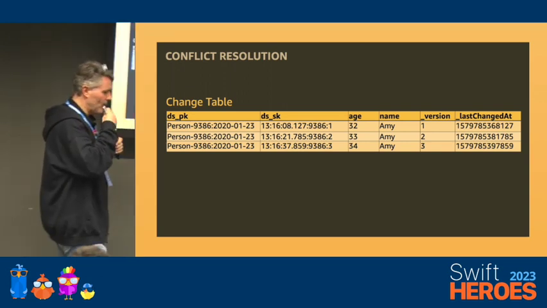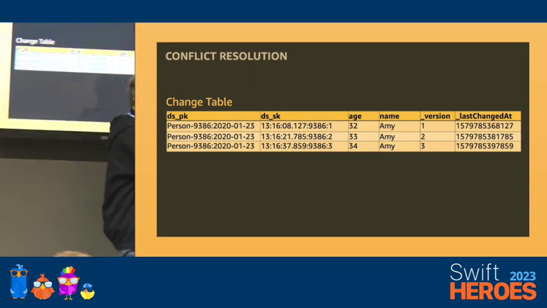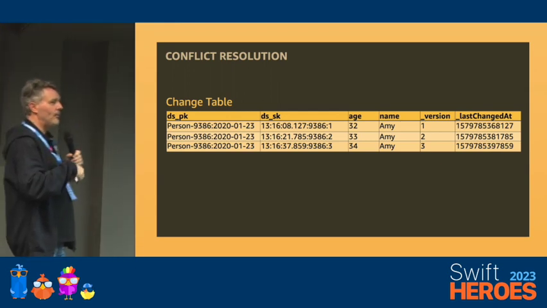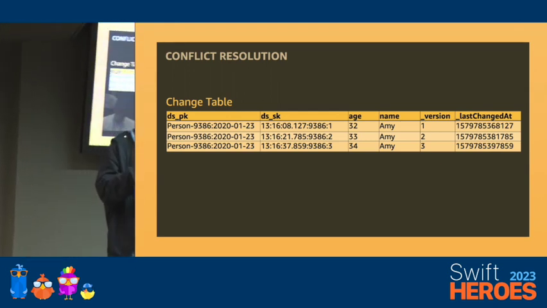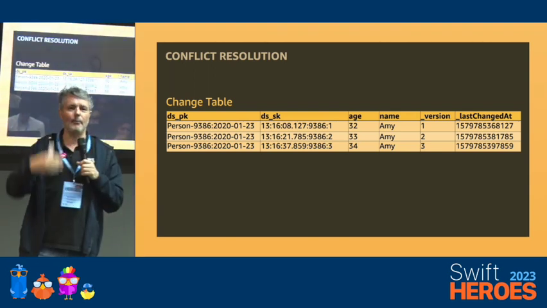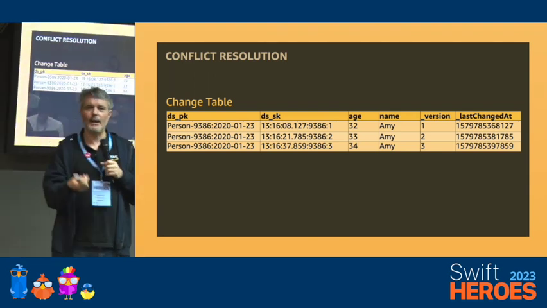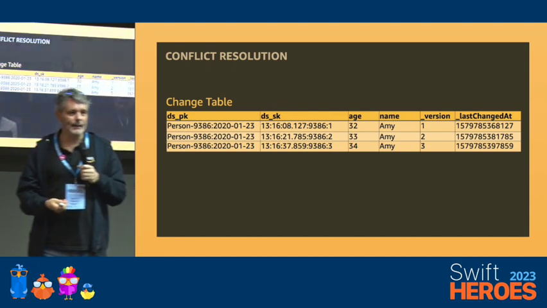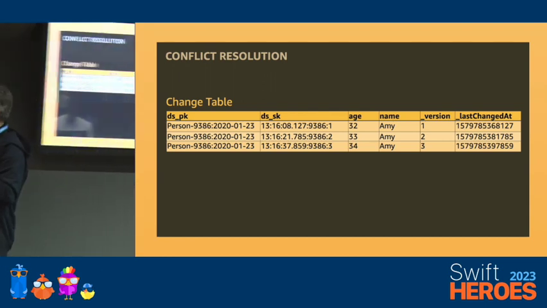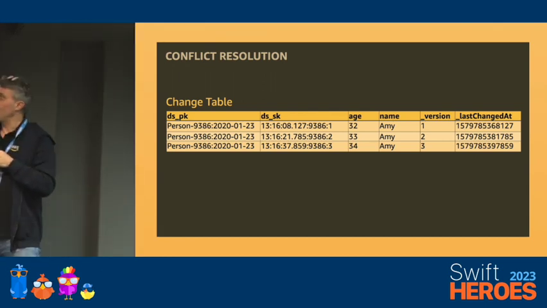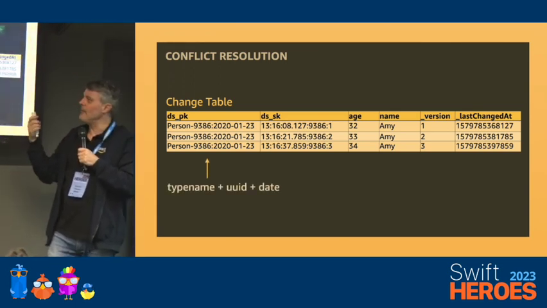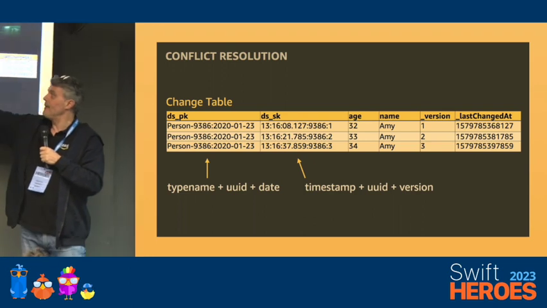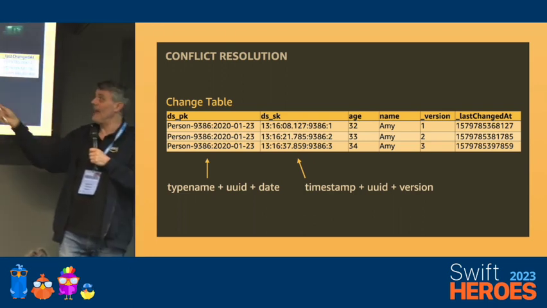That's the main table, but for each main table where we store your entities, we also transparently manage a change table. A change table is like a log of everything that happens on your entities. If you create, update, or delete something, we are going to add records there with a special primary key and secondary key made of the table name and the timestamp at which the change happened, and the version as well.